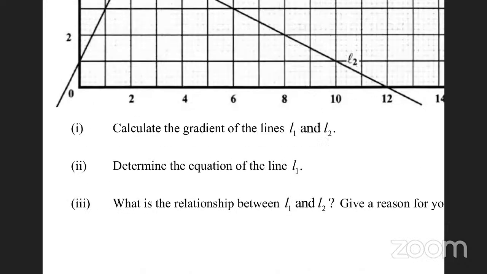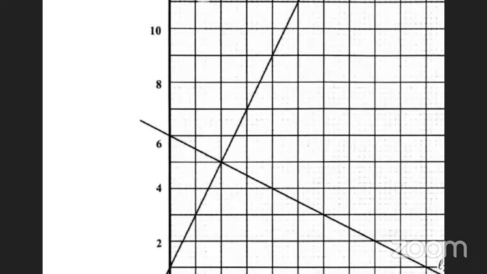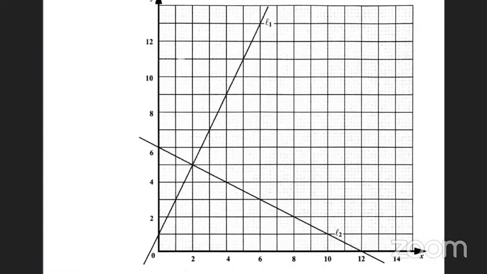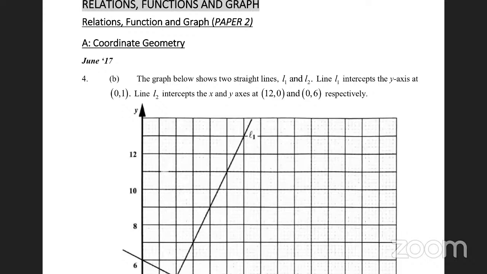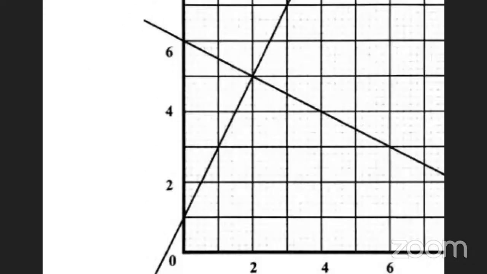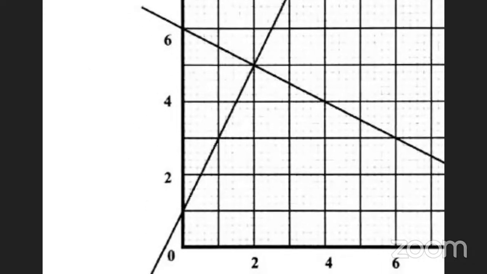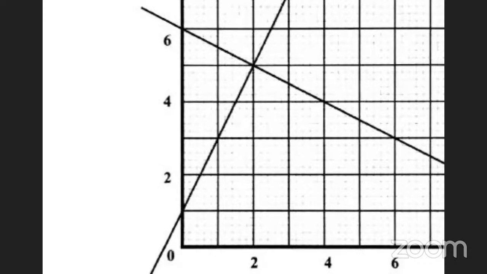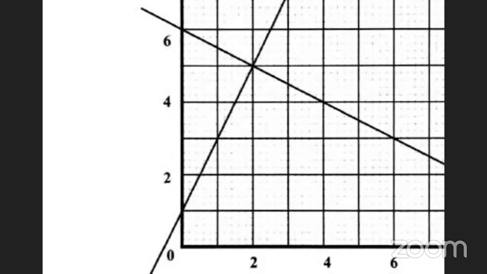All right, first thing first, find the gradient of L1. Find the gradient of L1, find the gradient of L2. Okay? Do you have enough information about L1? All you have is what? Yeah, we only have (0, 1). So look at the graph and read off one more. (2, 5). Yeah, use (2, 5) now. Right?